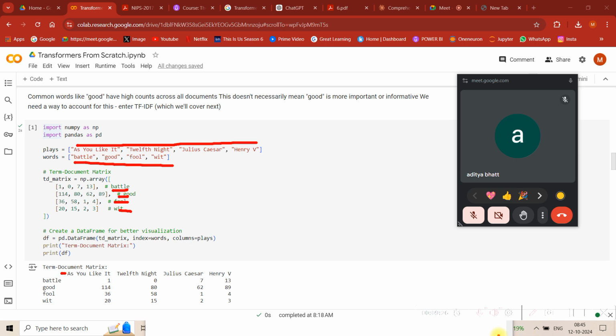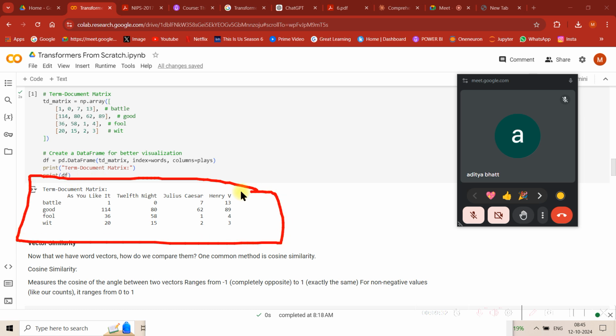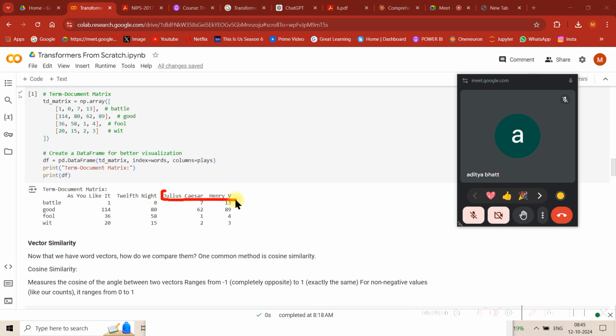So what does this term document matrix mean? It means the word battle in As You Like It occurs once. Battle in Twelfth Night doesn't occur. Battle in Julius Caesar and Henry V occurs more often.